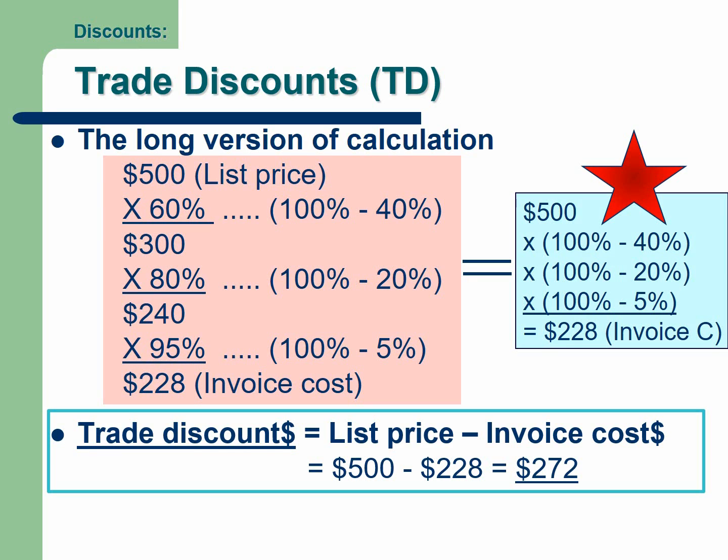It is very important to know that the trade discount can be calculated only after the invoice cost is calculated. Okay, there's no other way for you to calculate trade discount. There's no way for you to calculate trade discount directly by just applying the 40% and 20% and 5% directly to the list price.